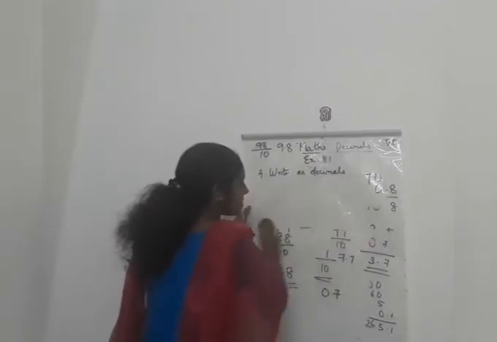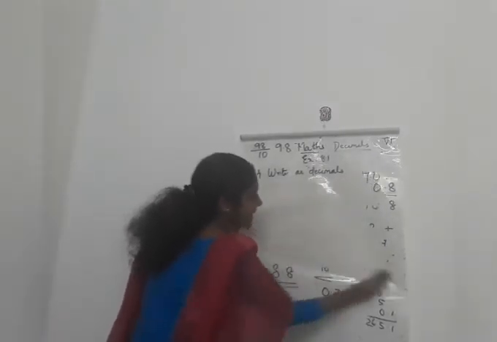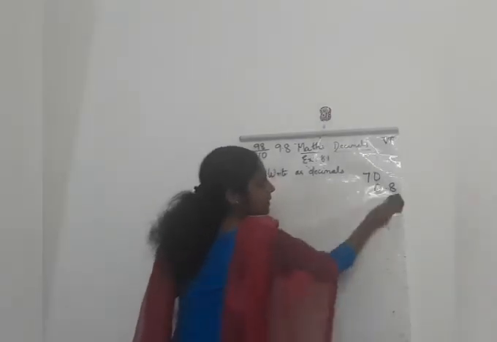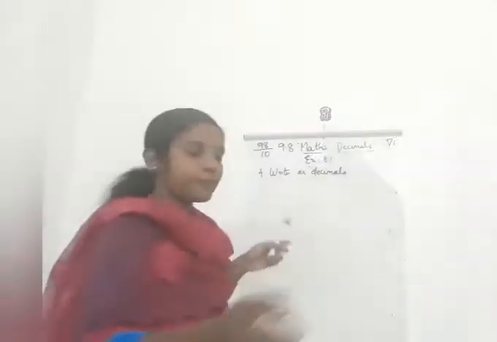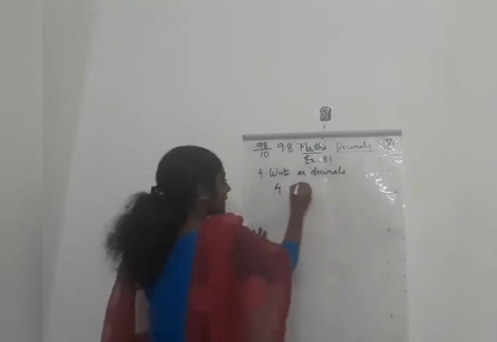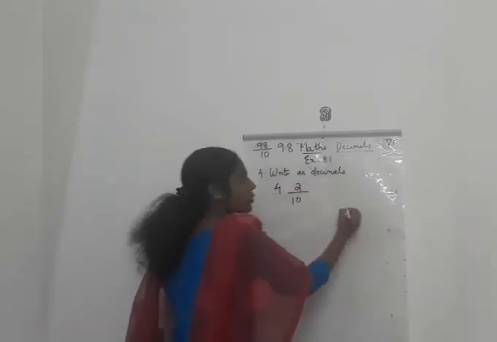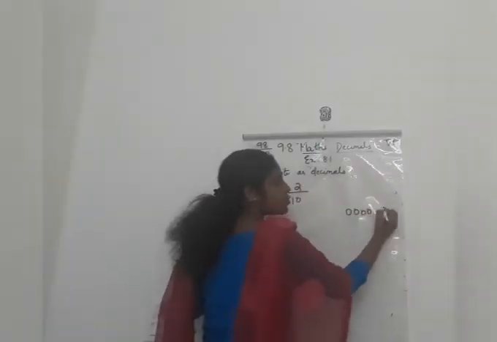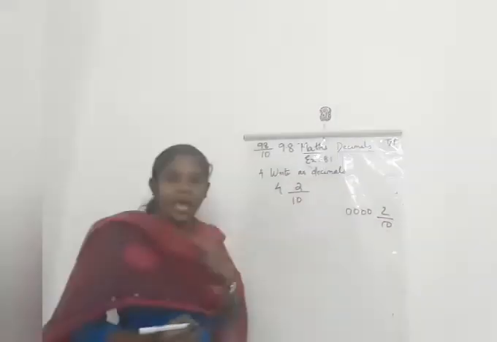So now next question is 4 2 by 10. 4 2 by 10 means 4 ന്റെ കൂടെ ഒരു 2 by 10 കൂടി ആഡ് ചെയ്യുന്നതാണ് അർത്ഥം. അതായത് 4 പീസ് ഓഫ് കേക്ക് ഉണ്ട്, അതിന്റെ കൂടെ ഒരു 2 by 10 പീസ് ഓഫ് കേക്ക് കൂടെ ആഡ് ചെയ്യുകയാണ്.